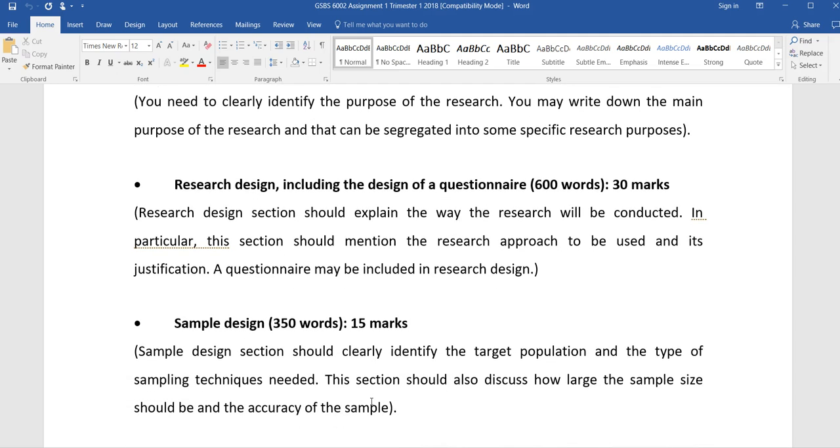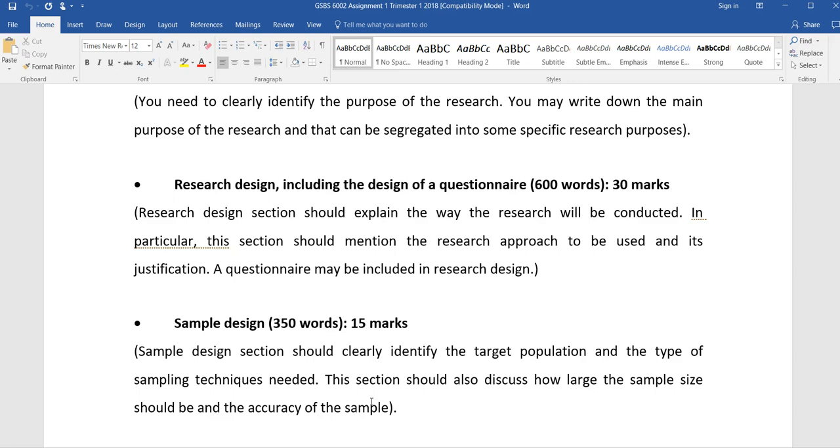The next section, the largest one, is the research design, including the design of a questionnaire. The research design's purpose is to write down in detail how the research will actually be conducted. Keep in mind that whatever approach or methods you take in research design, you need to justify why it has been chosen.